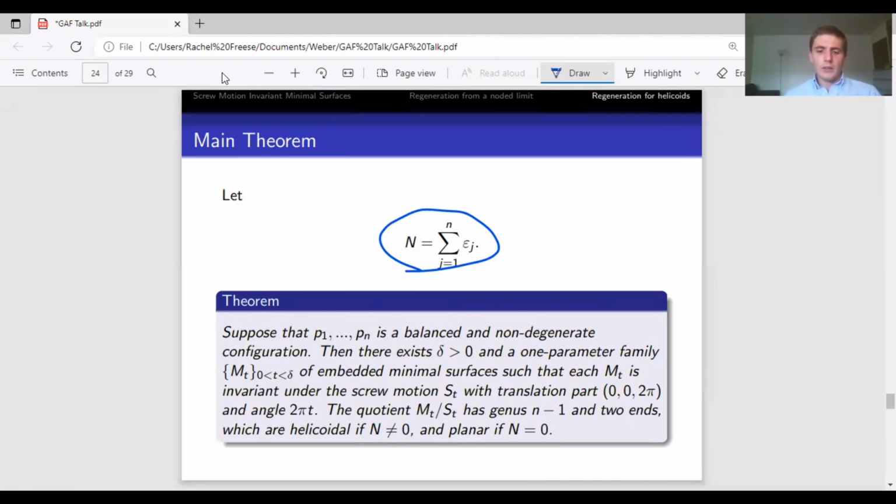Okay, so that's the theorem. Basically, if you have a balanced and non-degenerate configuration, then you get a small, but still one-parameter, family of screw motion invariant minimal surfaces near the limit that are embedded and not knotted.